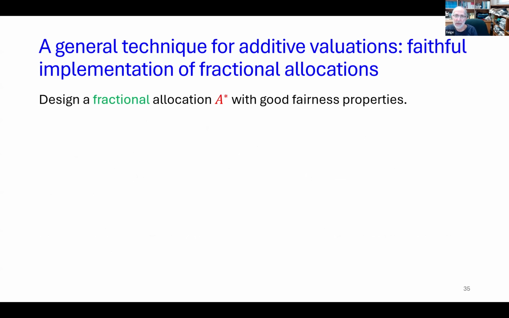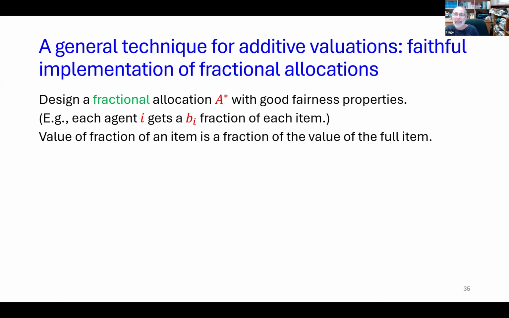So what is a fractional allocation? You can assign items fractionally to agents. So some agent can get, let's say, half of an item, and then some other agent can get the other half. And for additive valuations, there's a natural way of extending the valuation function also to fractional allocations.